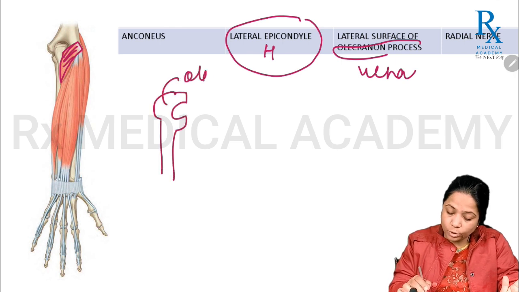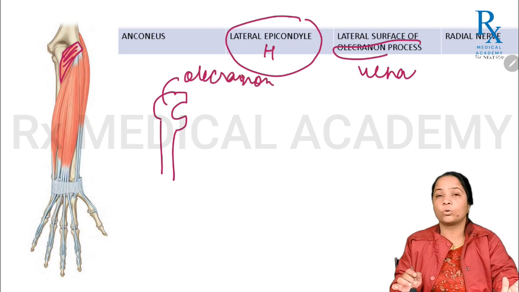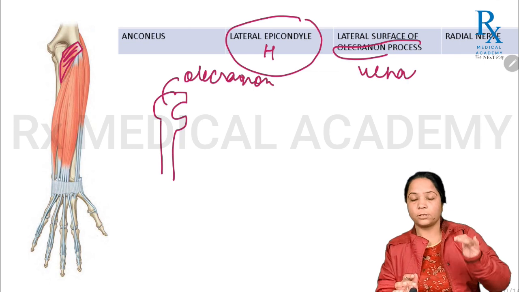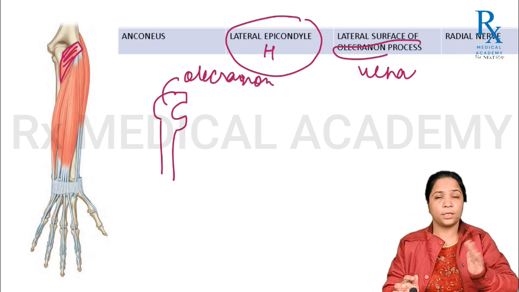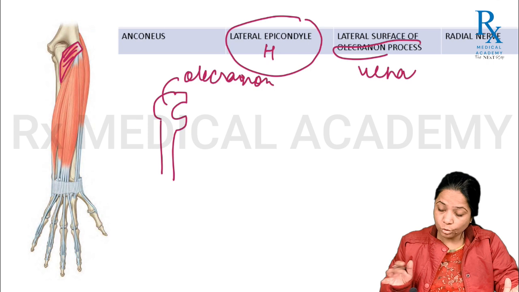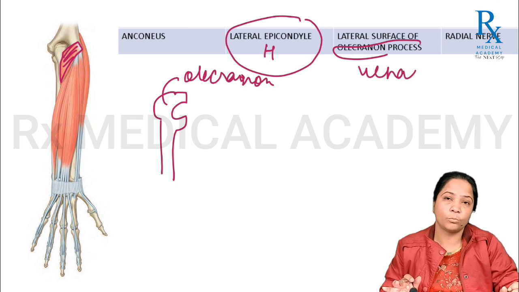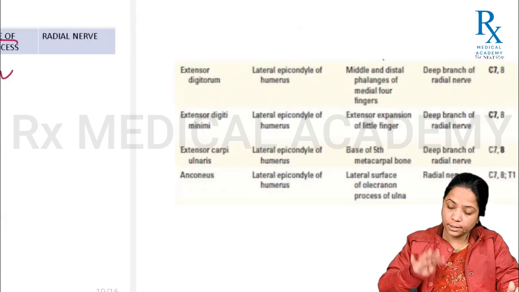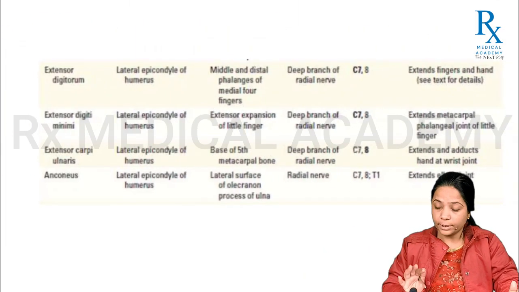This is known as olecranon process. On this olecranon process, you will find some surfaces, the superior surface, the posterior surface, the lateral as well as the medial surface. So on the lateral surface of this olecranon process, there is insertion of this muscle, that is anconeus, and it is again supplied by the radial nerve.